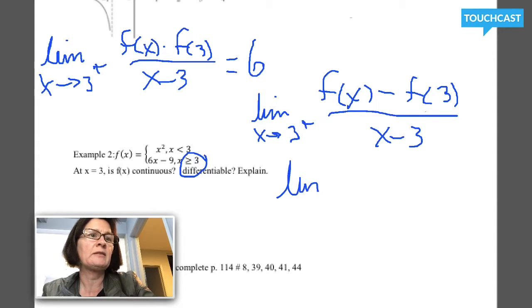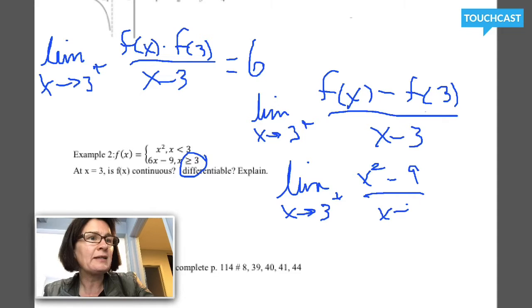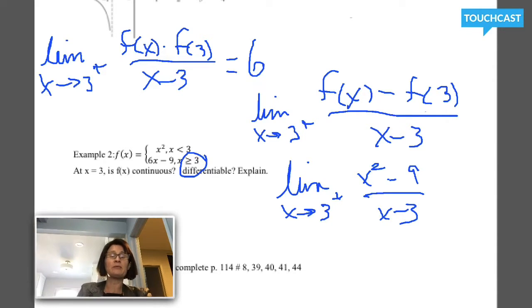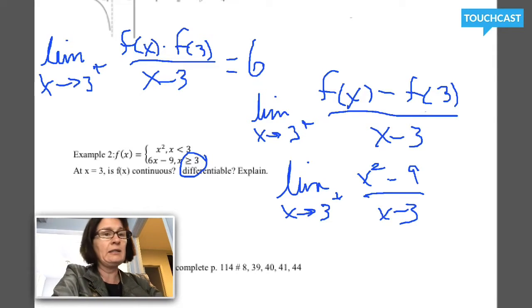That's the limit as x approaches 3 from the left. f of x is x squared, minus f of 3, which is 3 squared, which is 9, over x minus 3. Okay, so we've seen problems like this back in section 2.1. I can't replace x with 3 because I'm going to have a 0 in the denominator problem, but I can factor and cancel.